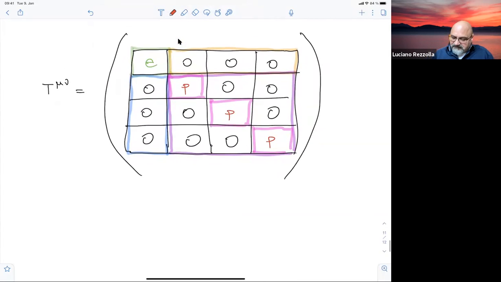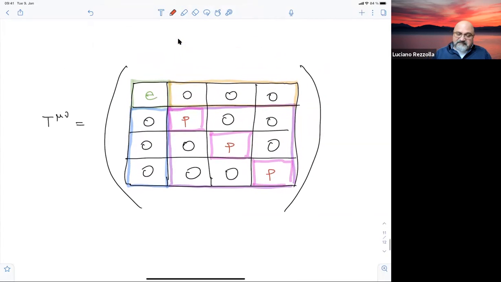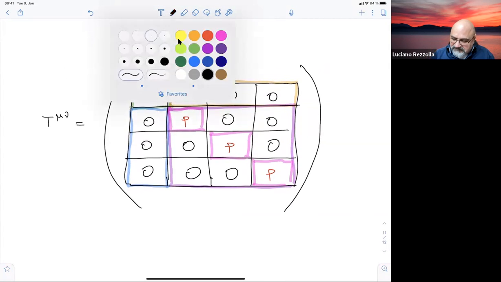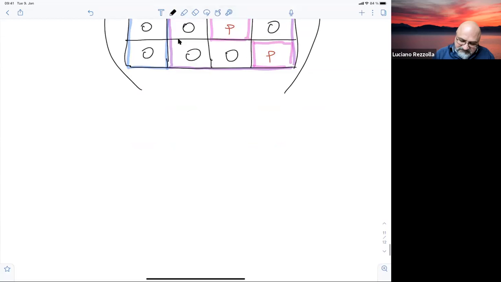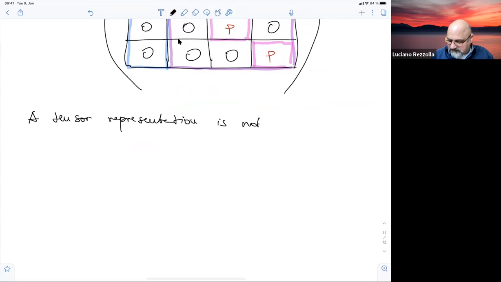And okay, but I've given you a matrix representation. Now I want to come up with a tensor representation. That's not difficult. A tensor representation is not difficult to obtain.